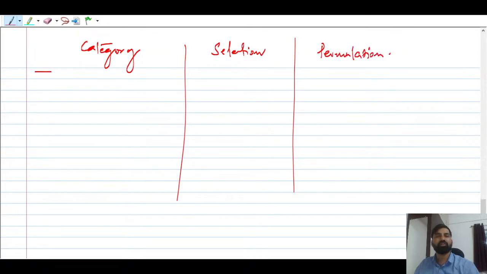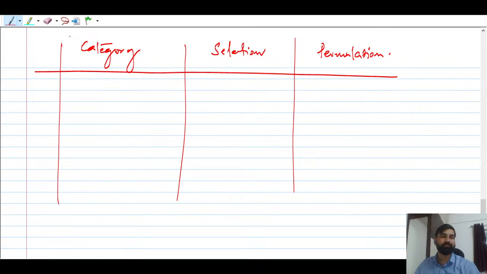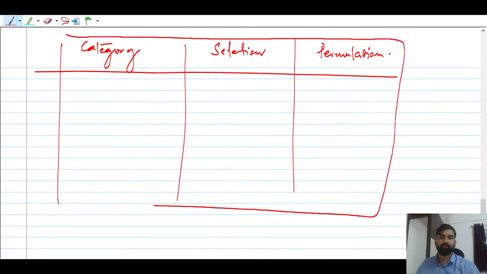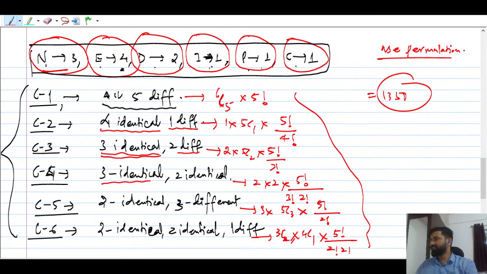Okay, so this is the table you should make, right? Whatever answer you're getting, you sum them all up, so you will get the answer, right? Fine.